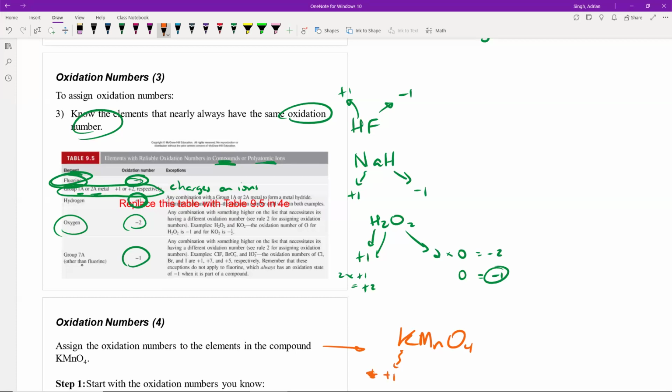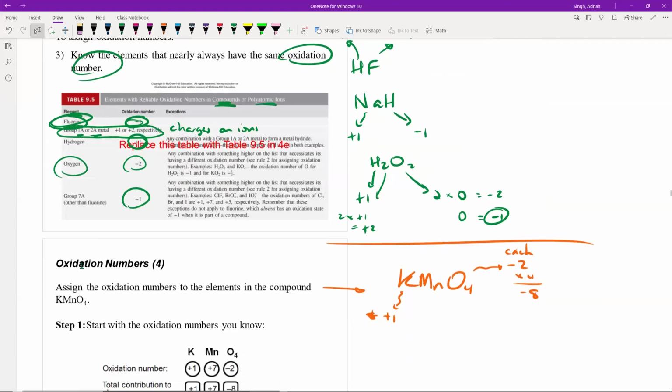We know that the oxygens are always going to be -2, except for the exceptions we mentioned above, and these are none of the exceptions. So each oxygen is going to be -2, and we have 4 of them, so it gives a total contribution of -8. The potassium gives me +1.